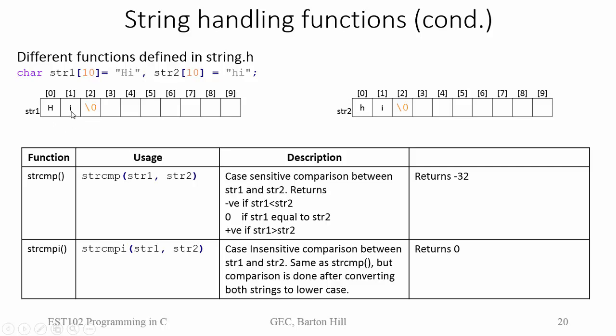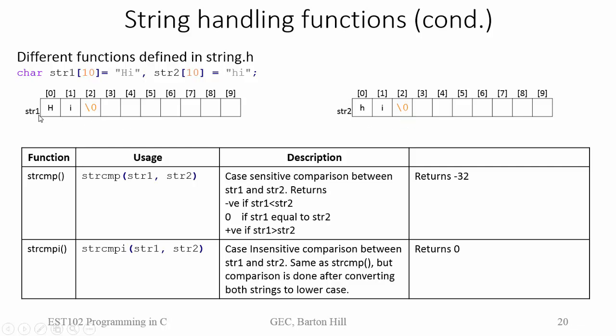So next it will find the difference between the ASCII values of the element at index 1 of str1 and str2. That will be the ASCII value of i minus the ASCII value of i, which is again 0. Then again it advances to the next index.